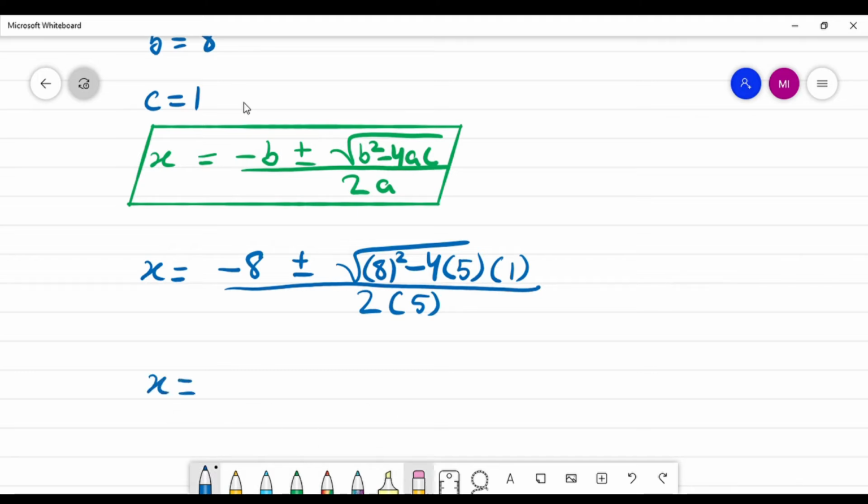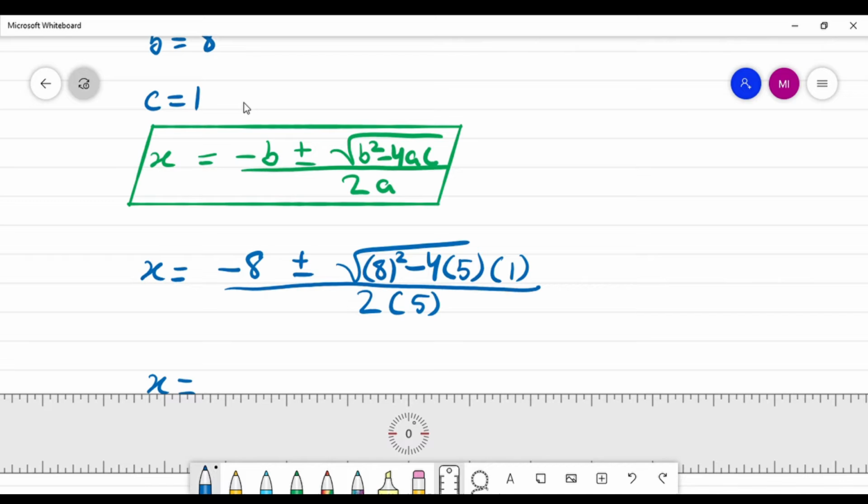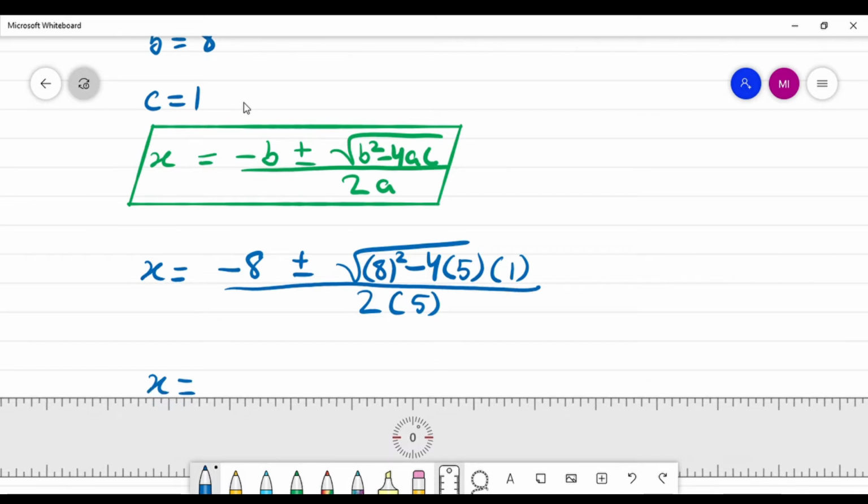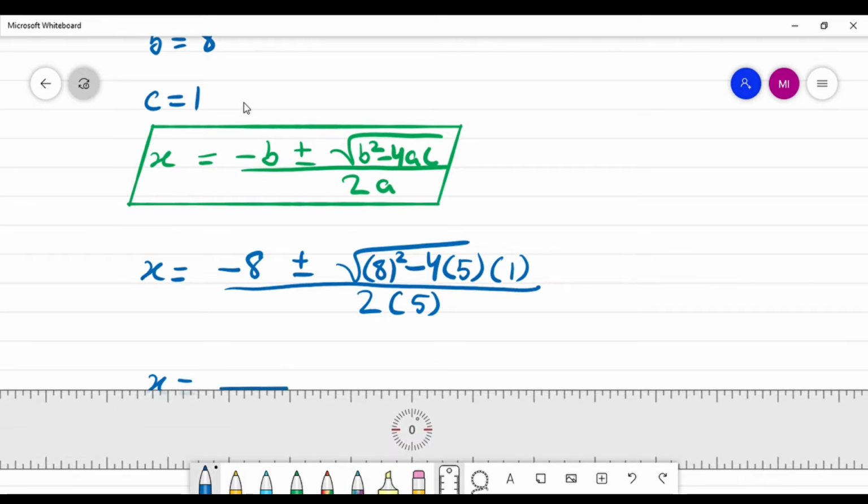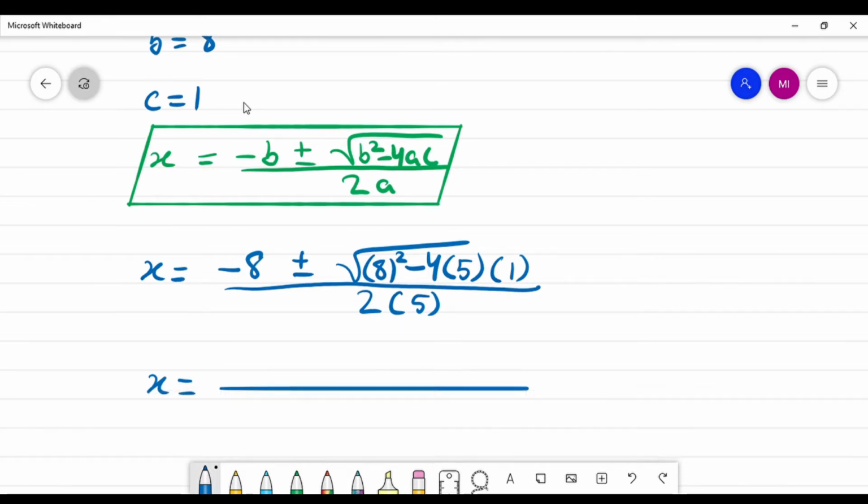And x is equal to negative 8 plus minus under root of 64 minus 4 into 5 is 20, and 20 into 1 is 20, divided by 2 into 5 is 10.